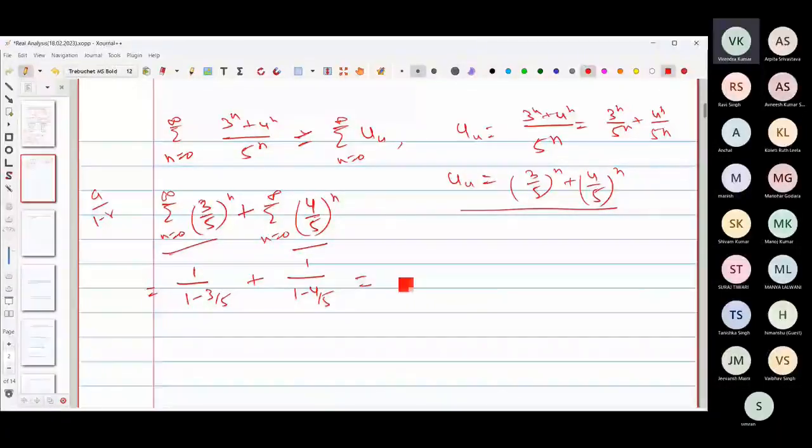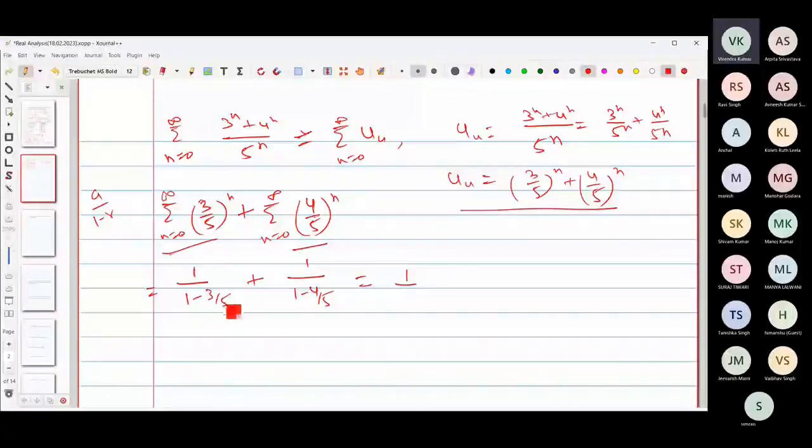And then we can find the sum of these. This is going to be 1 times 1 divided by 5 minus 3. This is 5 minus 3, that is 2.